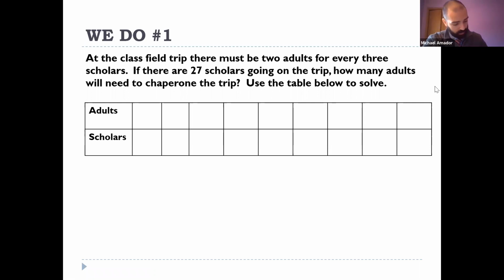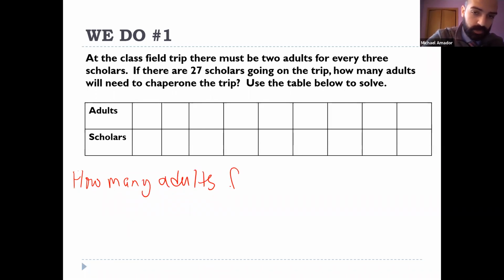How many adults are needed for the number of scholars going on the trip? And what information do we know, Lemuel? The information that we know is that for every 2 adults, there must be 3 scholars.